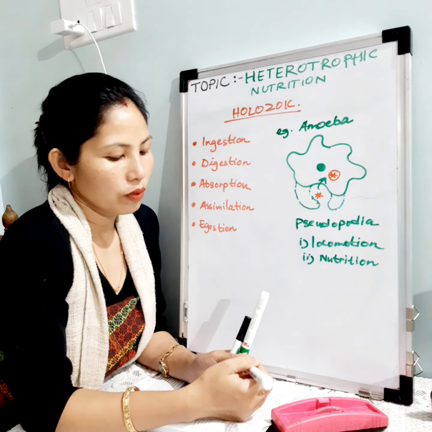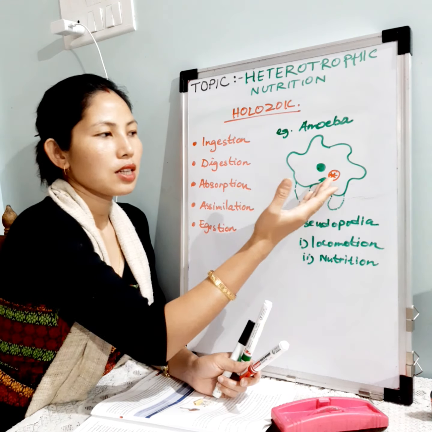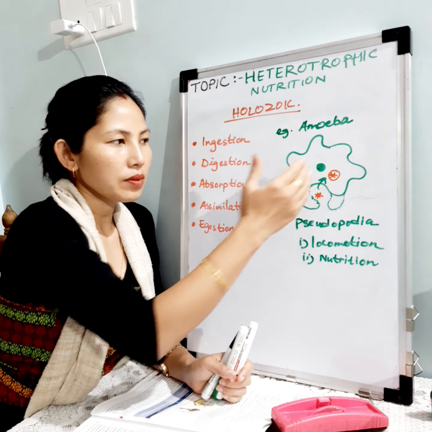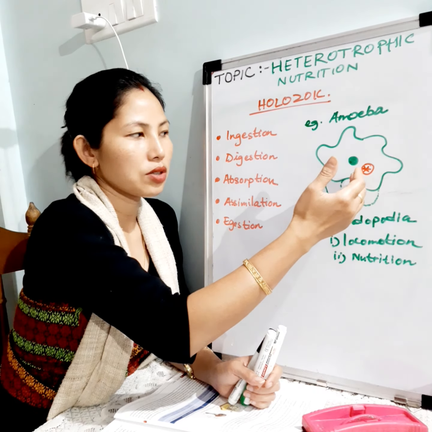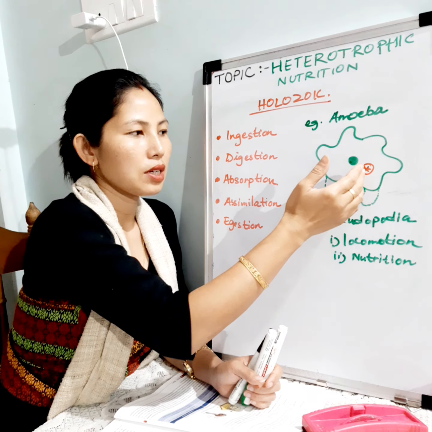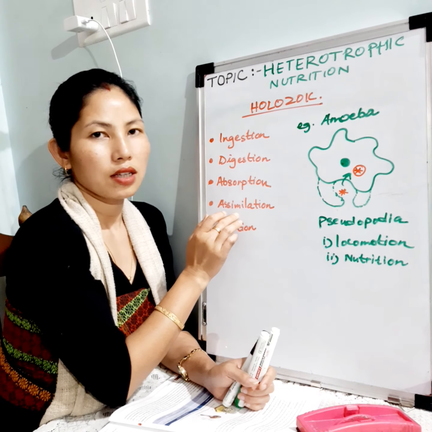Now inside the food vacuole, the next step will occur, that is digestion. The enzymatic action will occur inside the food vacuole. After digestion, the digested food will be released into the cell cytoplasm, that is the assimilation.